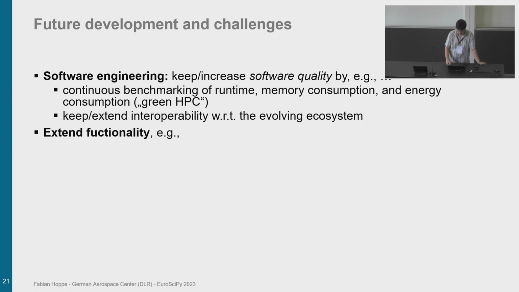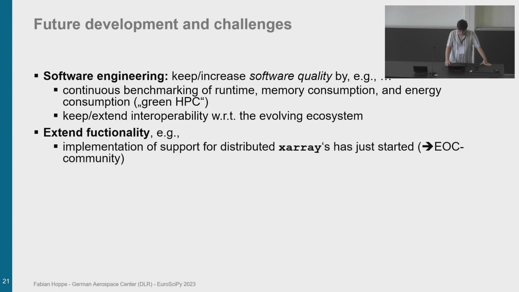Also important is to extend functionality. As I said, we have basic linear algebra and some of the scikit-learn machine learning tasks, but of course not all of them. So the plan is to extend functionality as users want to use it.